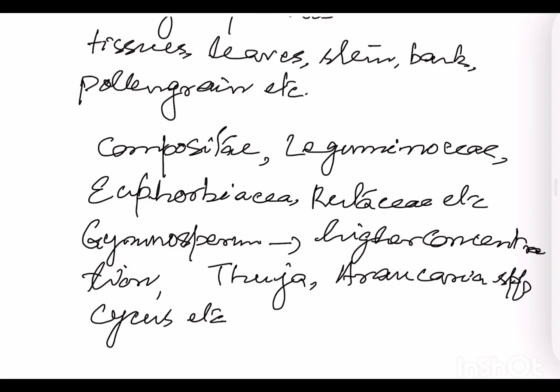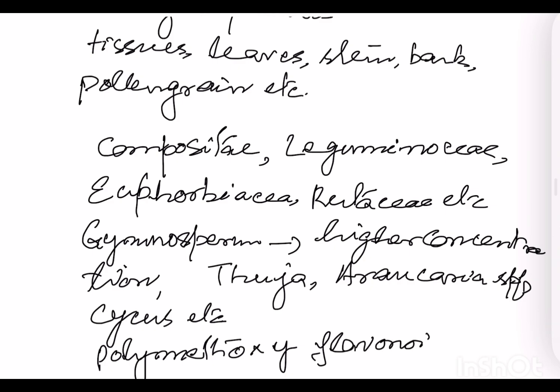But there are the polymethoxyflavonoids, in which the number of methoxy groups is large. They are usually present in citrus species. That's why the selection of the plant and the family is very important. You have to be very confined on this part.